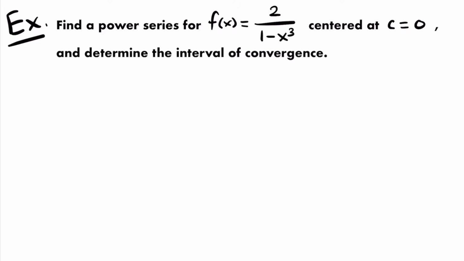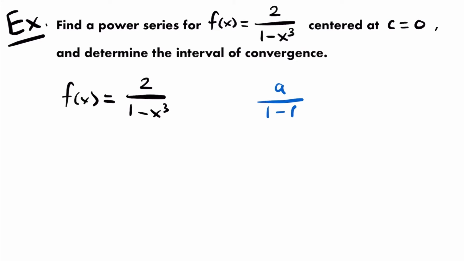And so what do you notice about the form of this function? Well, it's very similar to the form of the sum of a geometric series, right? We have f of x is equal to 2 divided by 1 minus x cubed. And the sum of a geometric series is a, some constant, divided by 1 minus r.